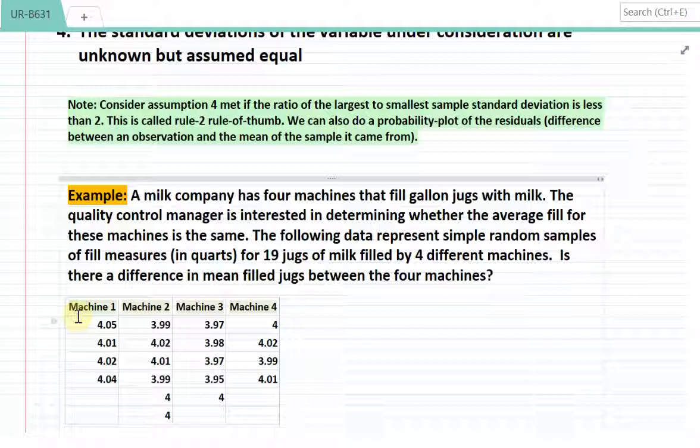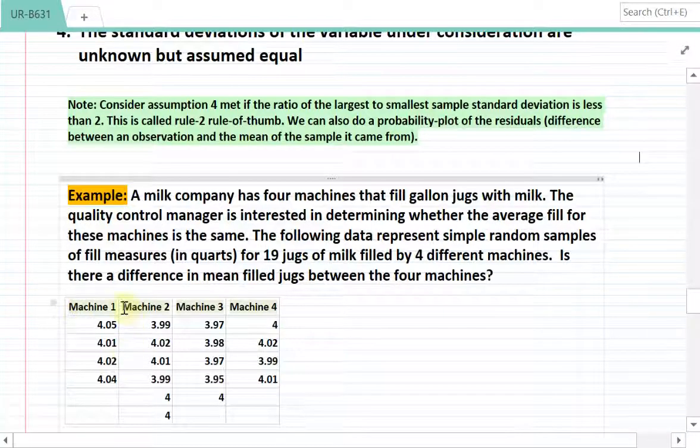Having said that, you can kind of see the numbers for machine 1 are on or about 4. It looks like in all cases they overfill ever so slightly. I mean, what's 4.01 quarts as opposed to 4 quarts? Not much. Machine 2, the same: right on 4, 4, 4.01, 4.02. A couple of them small, but not by much.